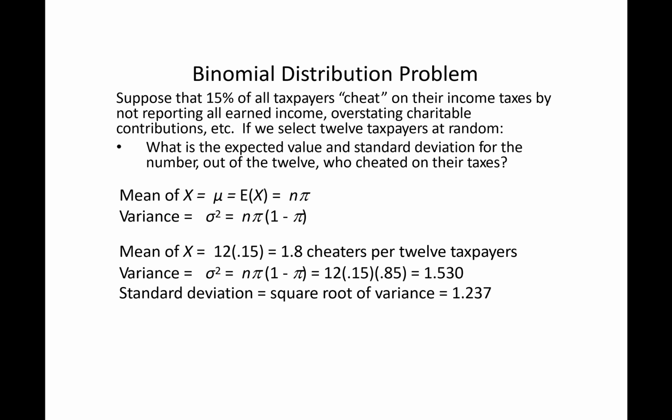That's never actually going to happen, is it? No, because you can't have 0.8 of a cheater. But what this means is if you were to repeatedly take samples of size 12, on average, you would have 1.8 cheaters. So you might have 0, 1, 2, 3, 4, 5, or whatever you get. And if you average all those numbers, then you get the mean value.